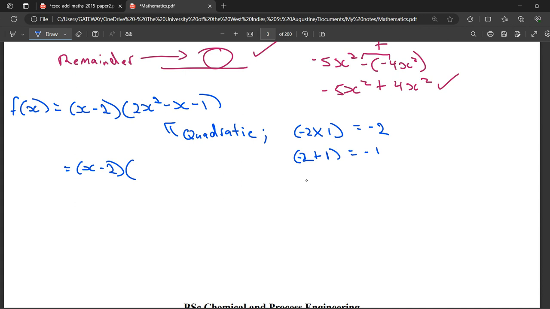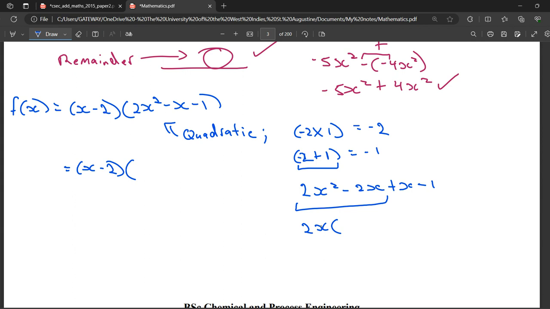So how you're factorizing that, you just put 2x squared minus 2x plus x, because those are the numbers, negative 2 and plus 1, but you just put x there. You combine it with x, and then you have the minus 1, which is the c. Then you factorize by grouping. What is common here? 2x.